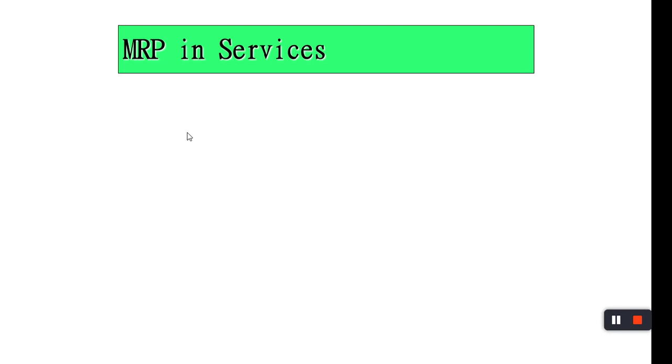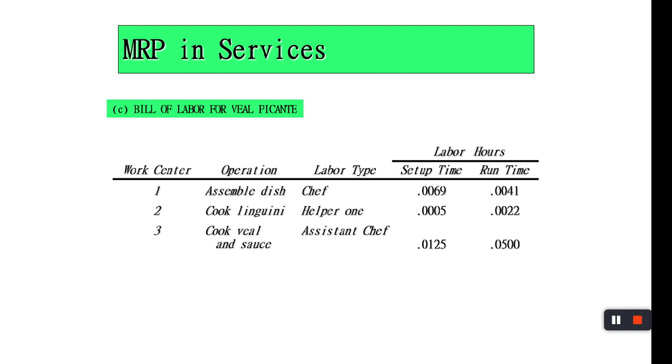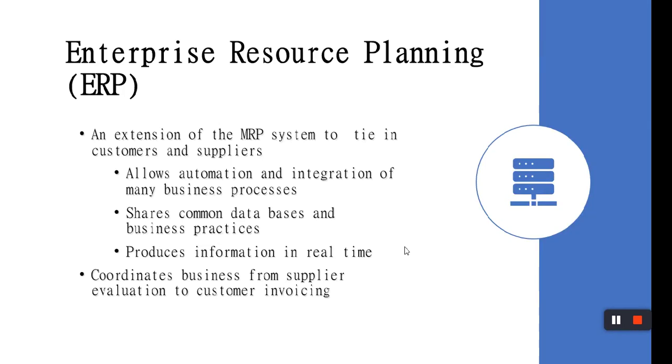The previous one is the bill of materials, and this one is for the bill of labor. It is a list of the persons involved in preparing such dish and how many hours are being used in their time to prepare such dish. Okay, so we have the chef, we have the helper one, and the assistant chef.